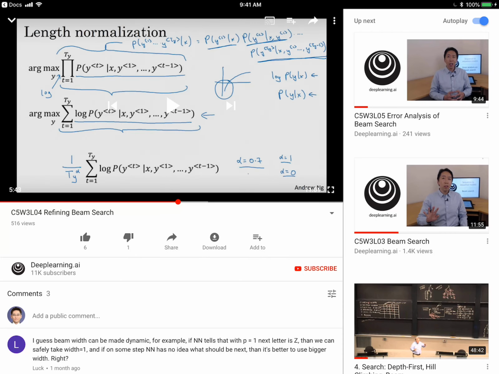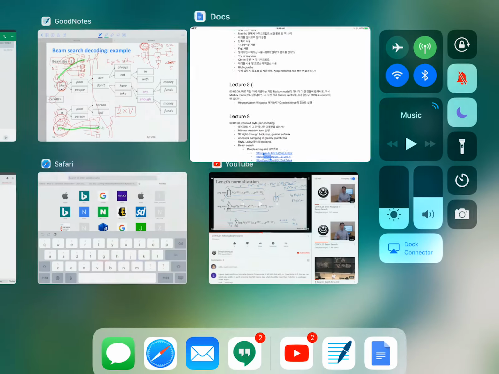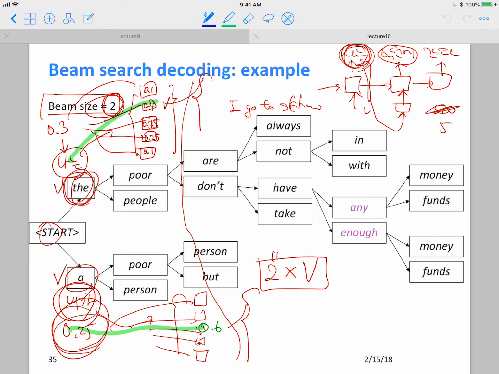And let me just describe this. In this beam search, there is one pitfall or limitation. In this case, we are considering the joint probability.